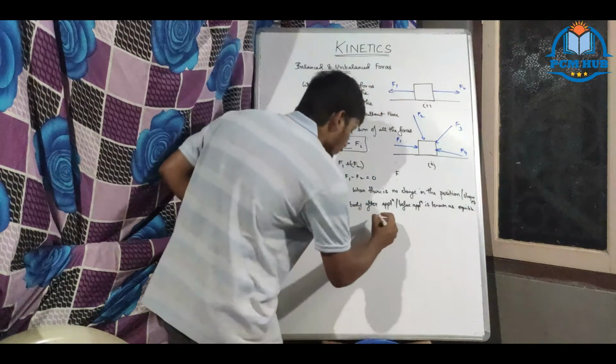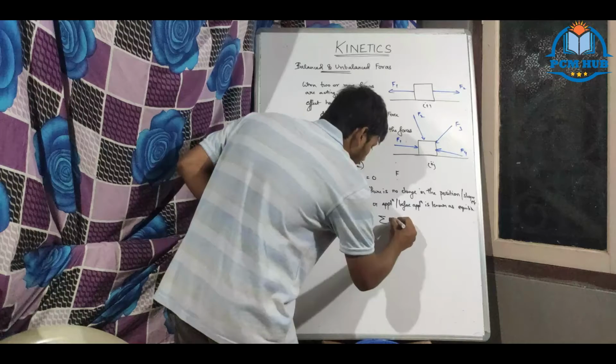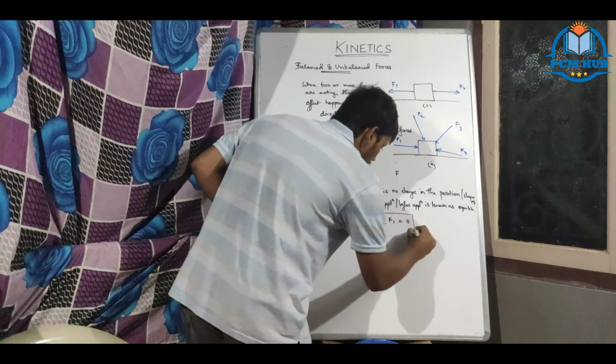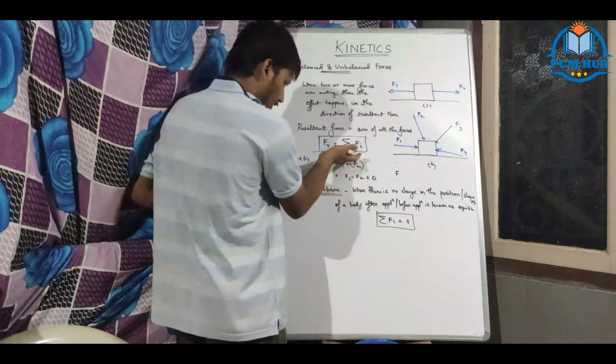Now equilibrium means what? Sigma Fi equal to 0.